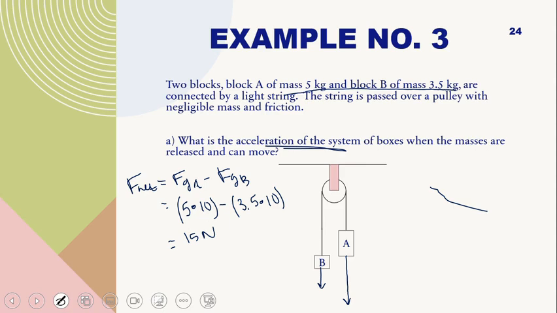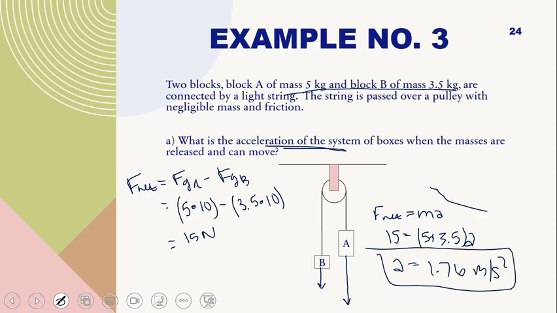So let's come over here. We know that F net is equal to MA, so 15 is equal to the mass of the system, which is 5 plus 3.5, times A. And this gives our acceleration as 1.76 meters per second squared.